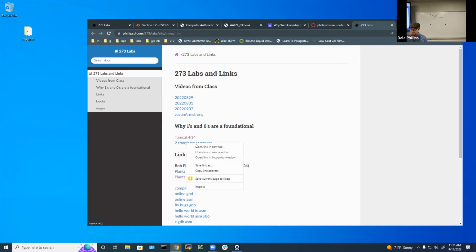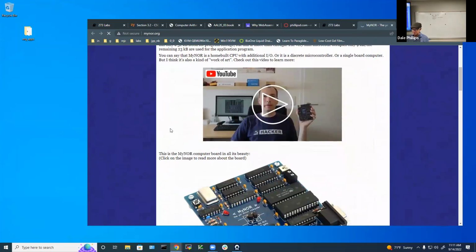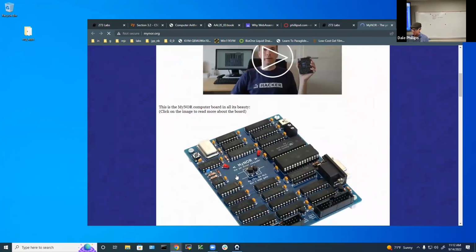And then this one is the website of where this guy came up with what I showed you. It's got a 2-transistor computer, and it's working. Not fast, of course.